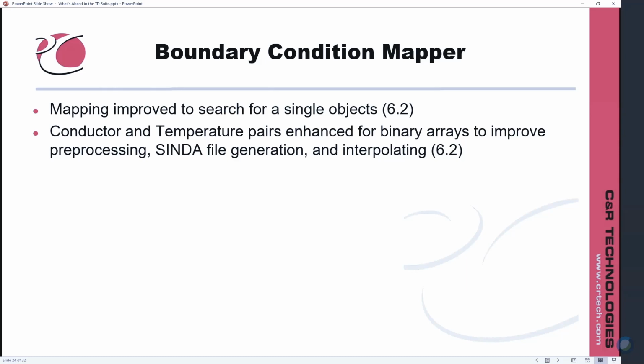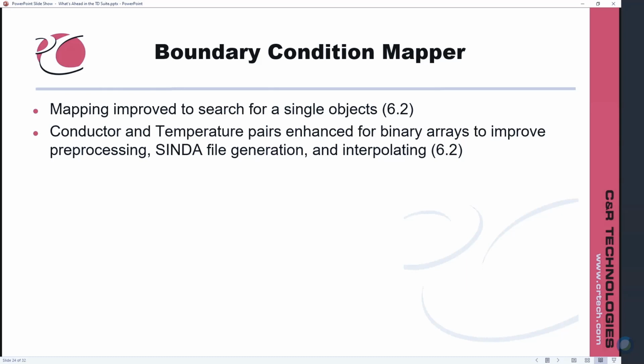With the boundary condition mapper, which allows you to apply external information such as heating from CFD onto your thermal model and map it, we're improving the mapping so it'll search for a single object and probably flag where you have equidistant objects so it doesn't know which one to pick.